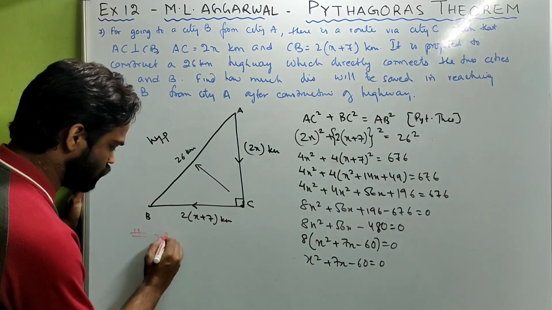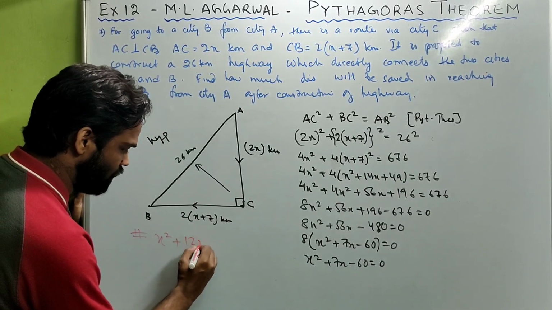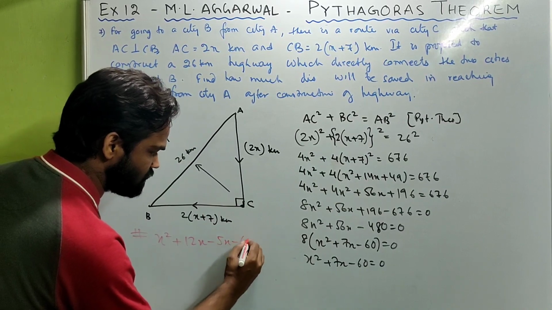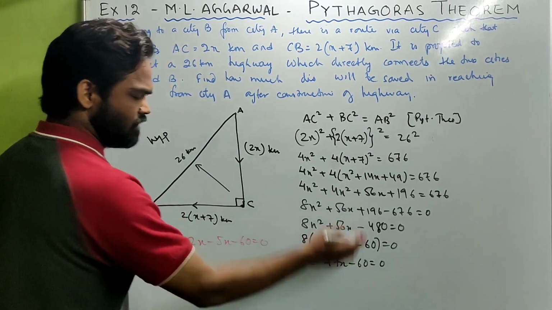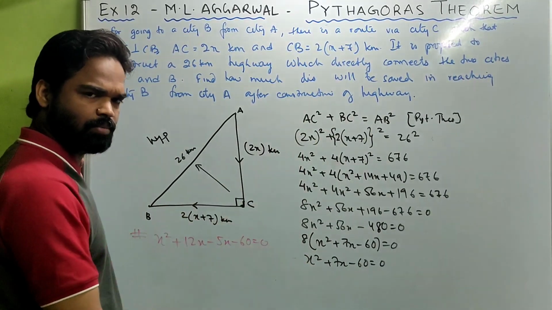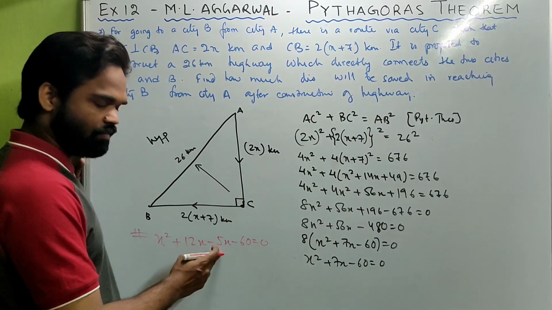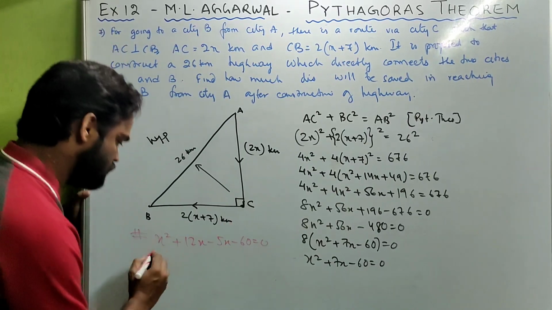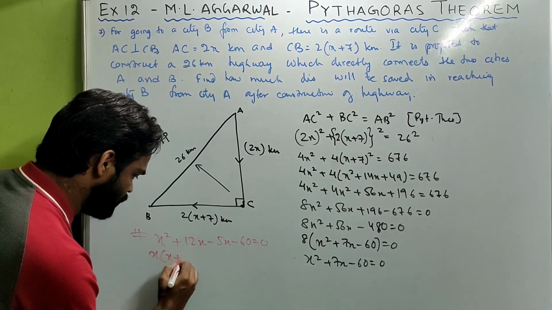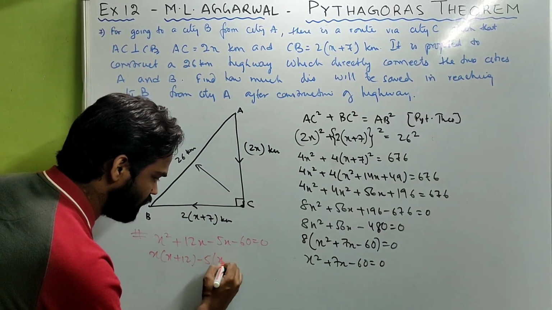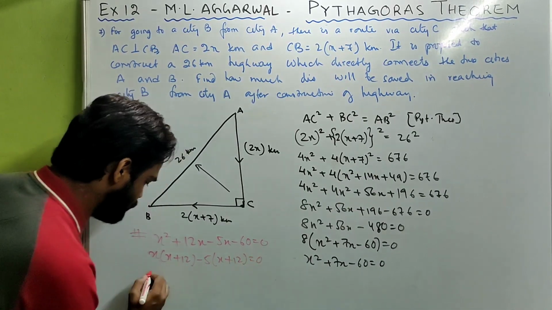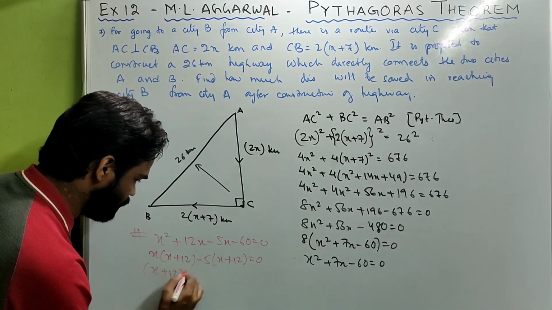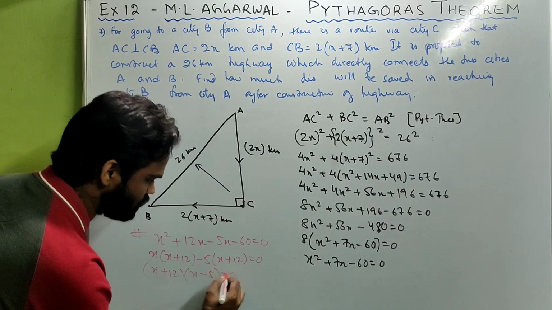So that's x square plus 12x minus 5x minus 60 equals 0. We find the prime factors of 60, then 12 and 5: 12 minus 5 gives you 7, and 12 fives are 60. So x taken common, x plus 12 minus 5 taken common: x plus 12 times x minus 5 equals 0.